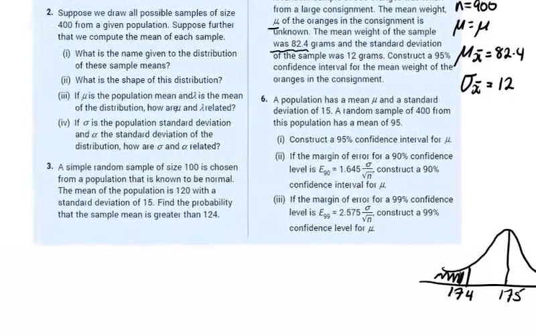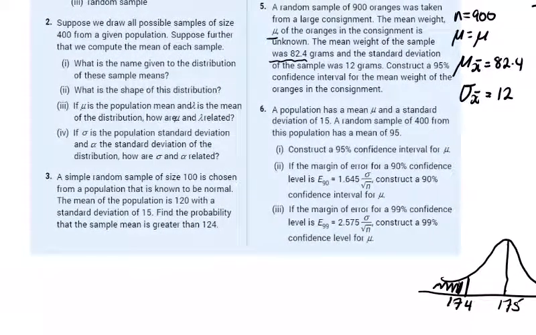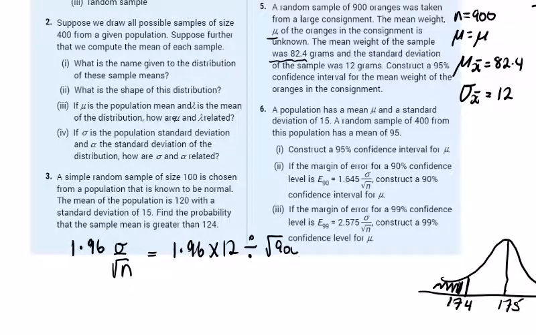Okay, so our 95% confidence interval. We're looking for the margin of error here for a population at 95% confidence level, which is 1.96 times sigma over root n. So in the case of question 5, we have 1.96 multiplied by 12 divided by the square root of 900. That's going to give me 0.784.